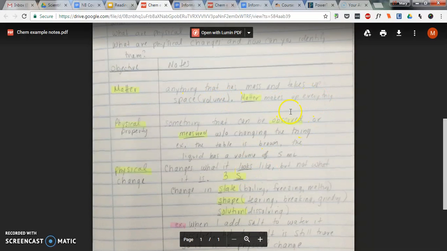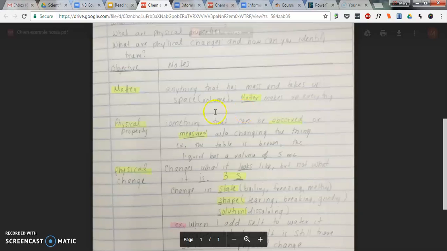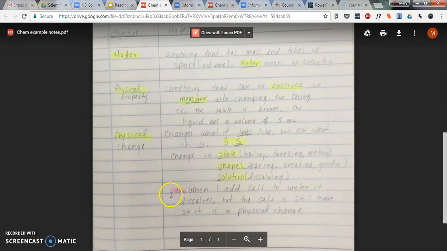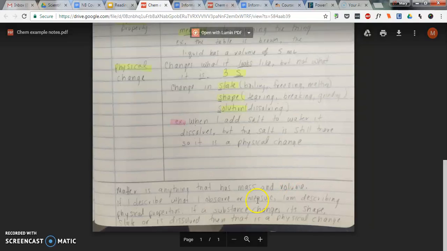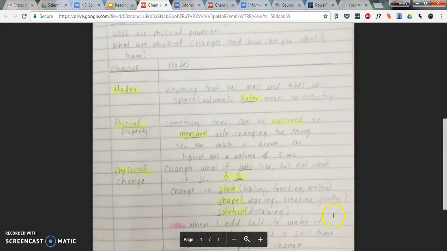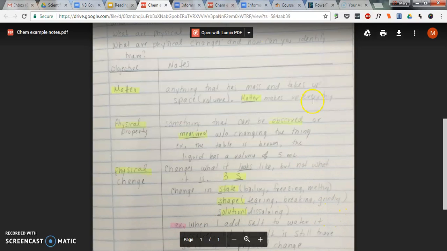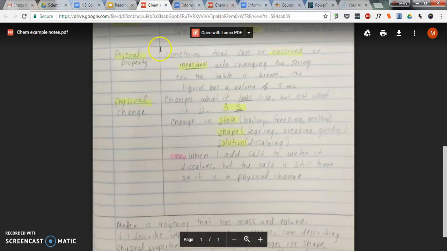You will highlight in yellow anything that was described in the text. You will highlight in pink connections to yourself. And then you will highlight in green connections to other things you have learned. Down below, after reading, you will write a summary. As you can see, you don't need to go back and read the entire section when you're studying or reviewing. You will just use this page to review and study.